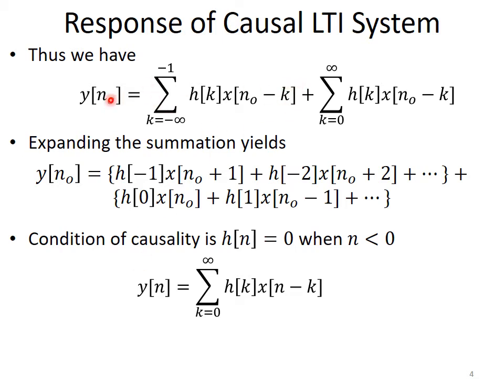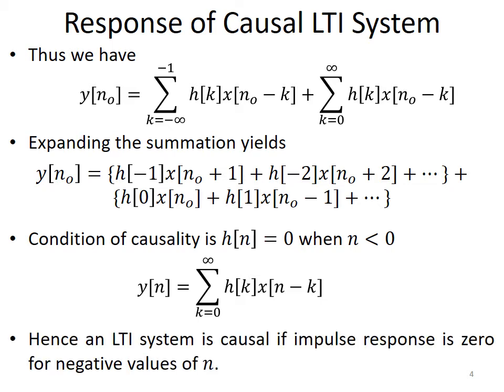So this part would be 0, and now the convolution sum would be simplified to this form, where k goes from 0 to infinity of h of k times x of n minus k. This convolution summation is a special case which can be applied to calculate the response of an LTI system which is also causal.